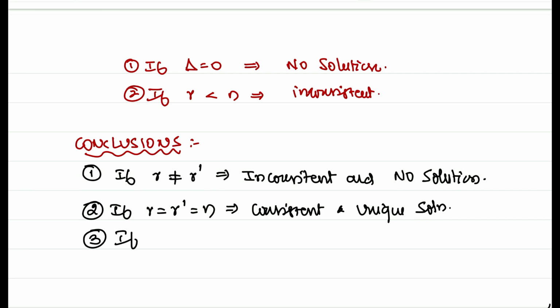Third, if R is equal to R dash, but the rank is less than the number of variables, then the system is consistent but with infinite solutions.